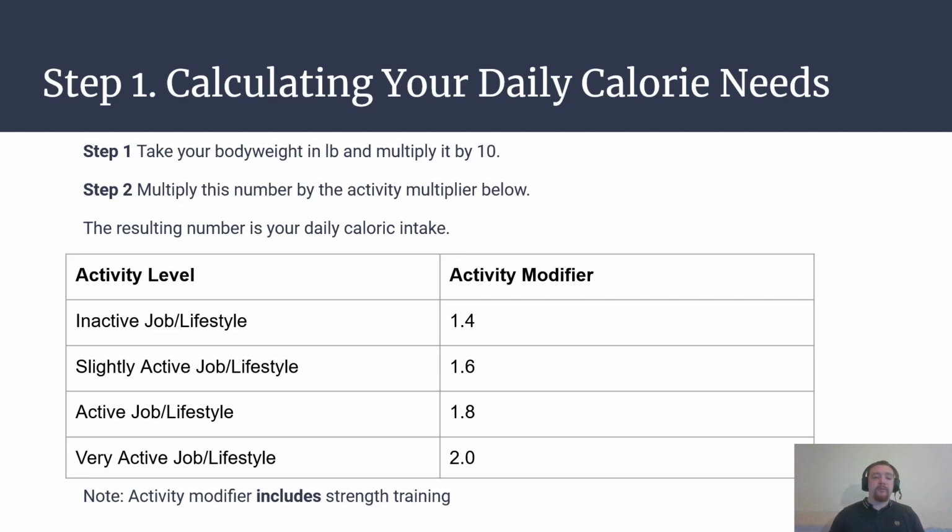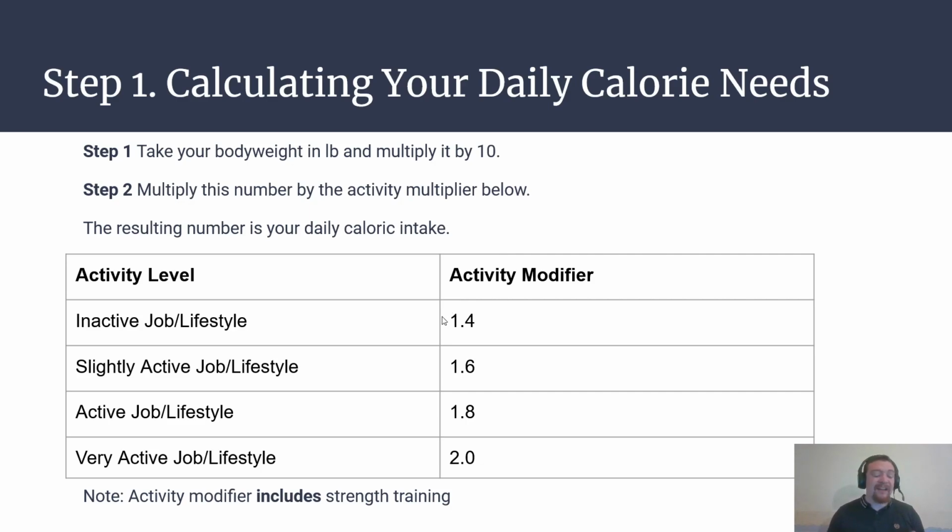And now they would multiply that body weight by these activity modifiers here. So for instance, if that was myself, I would take my body weight, multiply it by 10, and then I would multiply it by 1.4.